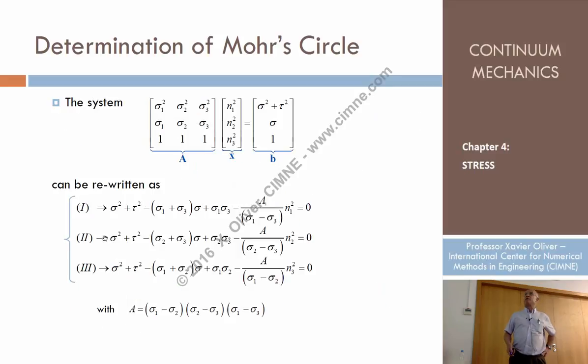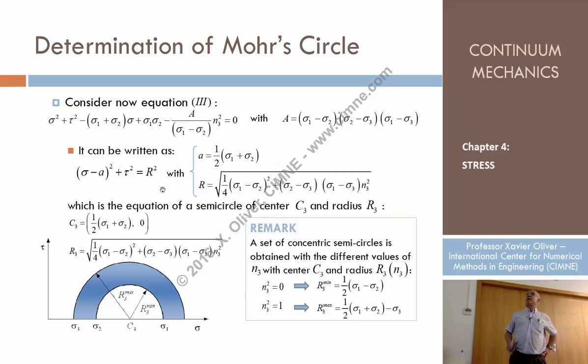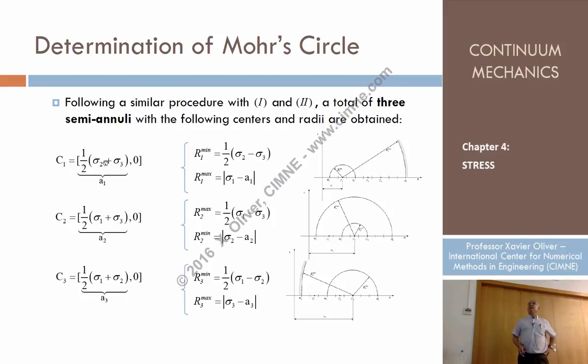But of course we have other two equations, the 2 and the 1. Okay? And we could repeat the game. I just take the second equation, write that in that form, and find what is the center and what is the maximum and minimum radius. And by doing that, we obtain the following. The third equation is the one that we obtained first.